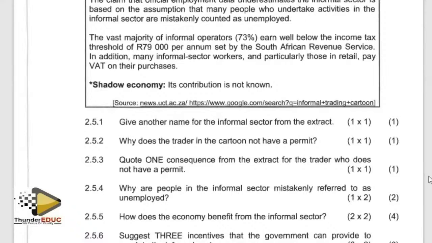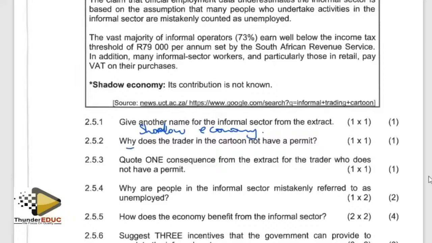2.5.1. Give the other name for the informal sector. Shadow economy. Okay. Why does the trader in the cartoon not have a permit?